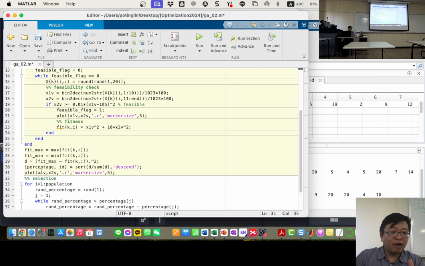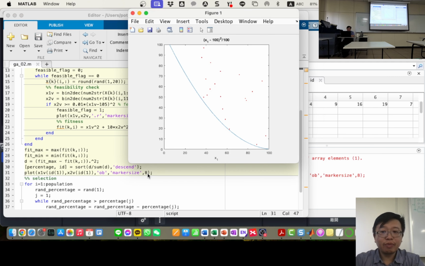So the value for the first one, that particular point will be circled by a different color. Let me try blue, greater marker size, maybe 8.